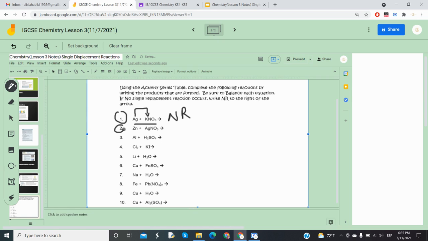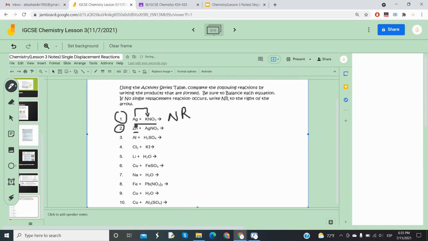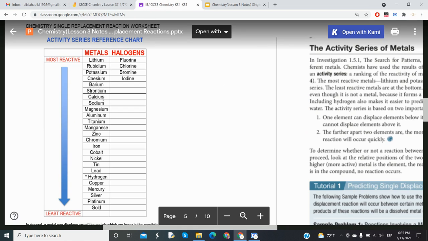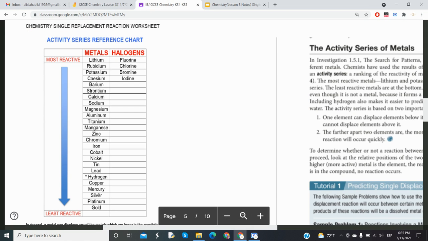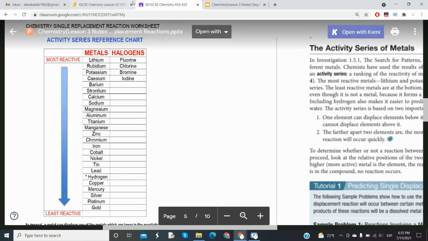Now let's look at the second question. We have zinc reacting with silver nitrate. So if we go back to the activity series, we check for where zinc is, since it's the first one in this chemical equation, and we look for where silver is. Zinc is here and silver is under zinc, which means that a reaction is going to occur where zinc can displace silver since it is above it.